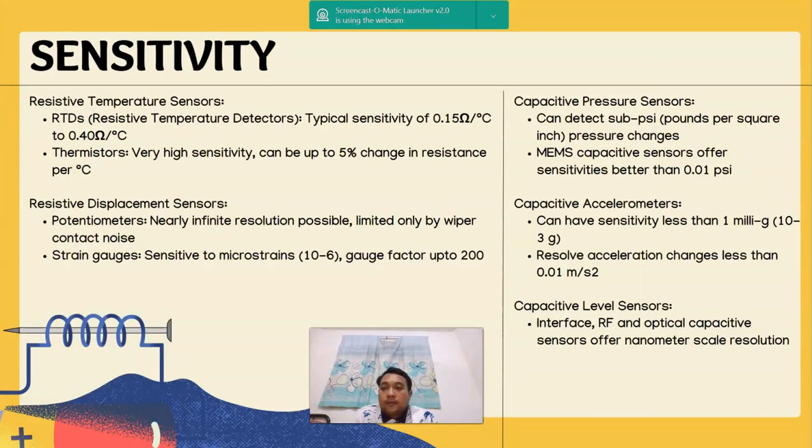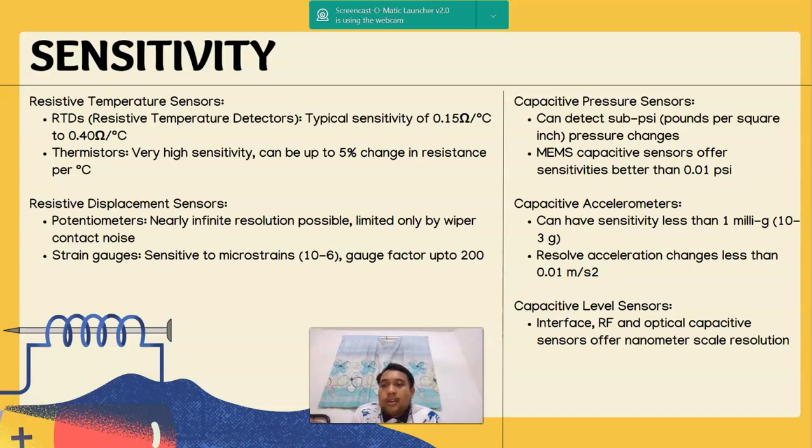Okay, for the sensitivity, first we go to the resistive temperature sensor. RTDs, or resistive temperature detectors, are typically sensitive at 0.15 ohm per Celsius to 0.40 ohm.